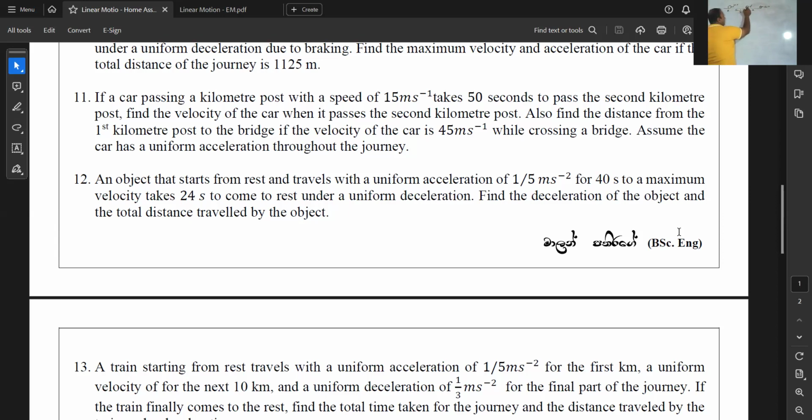So A, B, C. We don't know whether the deceleration and acceleration are equal in magnitude. Even if the magnitude is equal, we cannot use equations of linear motion from A to C because the acceleration will not be constant. To this location, it takes 24 seconds.